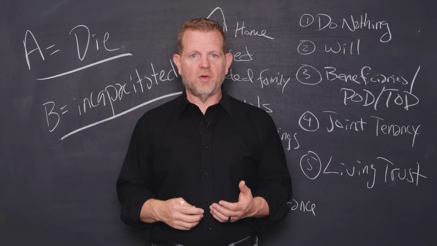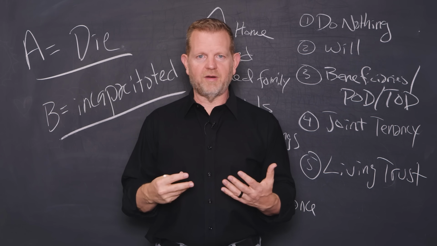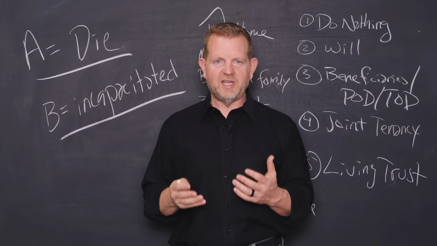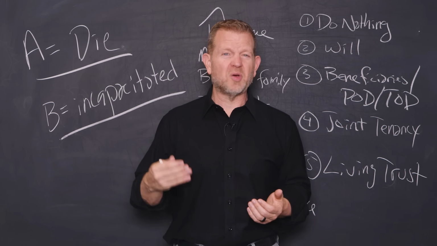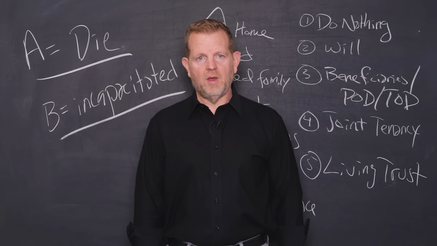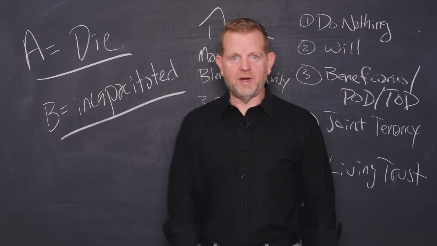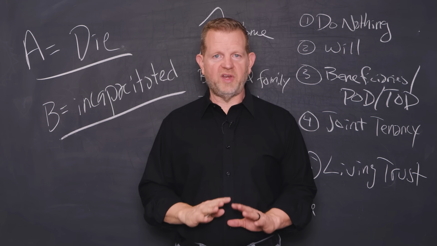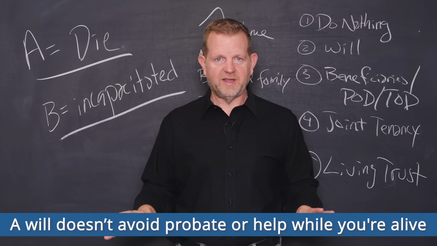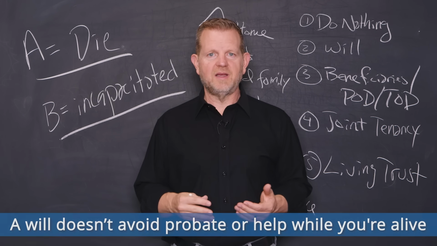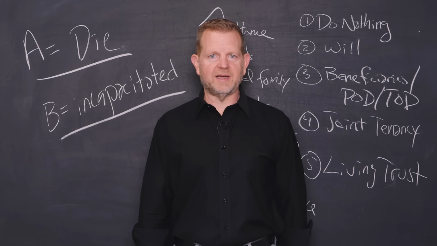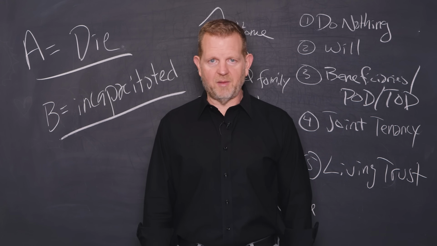A will clarifies who gets what, but it typically doesn't avoid probate for assets titled in your name. In fact, it requires it. Event B, you're incapacitated. A will does nothing while you're alive. It kicks in when you're dead. So if incapacitation happens, your spouse and kids might still be stuck needing authority to act unless you also have powers of attorney and a plan.